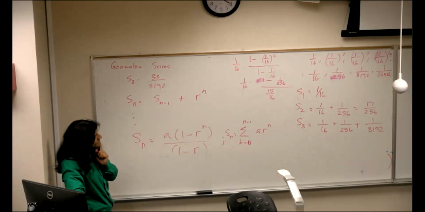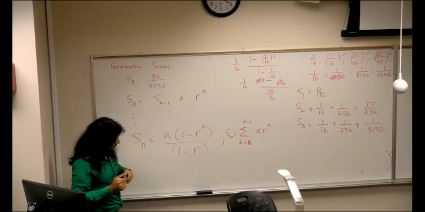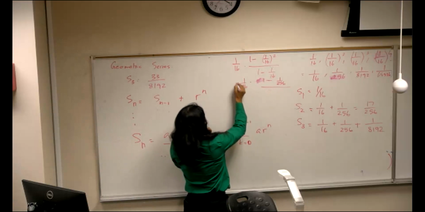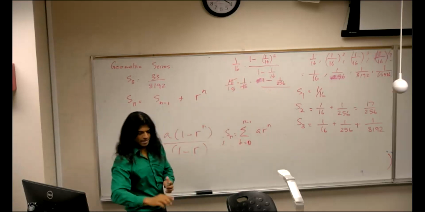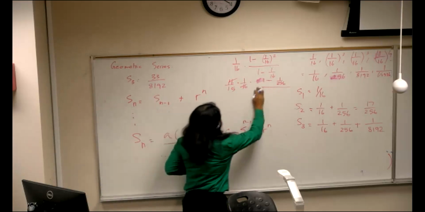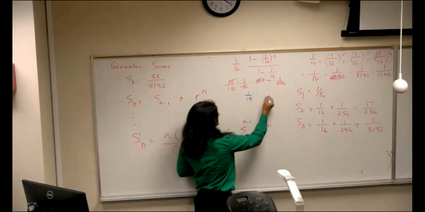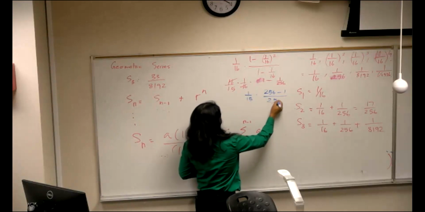Flip and multiply. The denominator fraction, if you take it and multiply, you'll get 16 over 15. Those two will go away. So 1 over 15 times 256 minus 1 divided by 256.